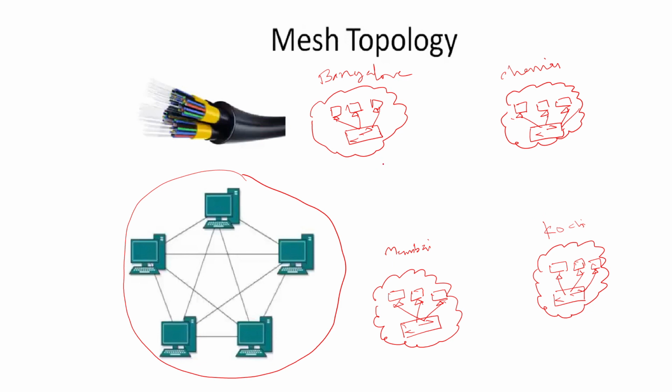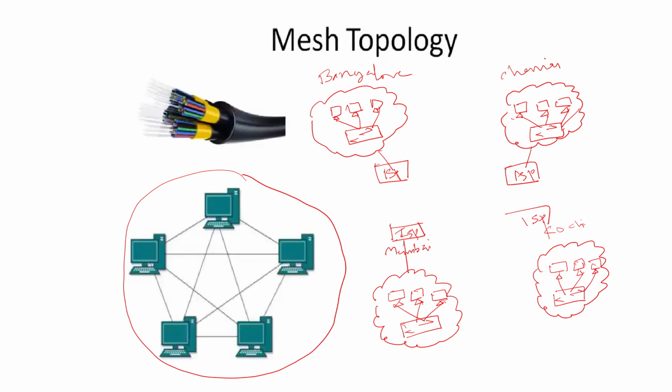And everywhere, see, this branch would be connected to an ISP. This branch would be connected to another ISP in the Chennai location. This branch would also be connected to another ISP in Mumbai.